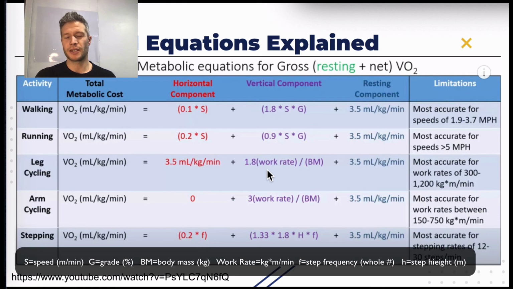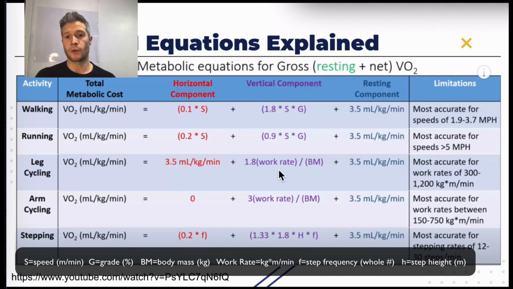These variables break down into smaller components, and there's a listing in your manual. For here, S is speed in meters per minute, G is gradient as a percentage, work rate is kilogram meters per minute, and BM is body mass.